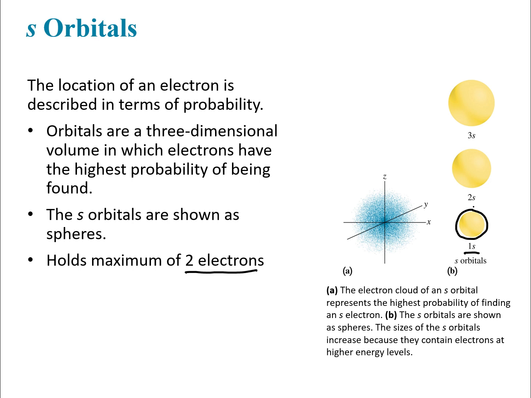This is our sphere. For the 3s, notice that it is bigger. We have low energy, high energy. And this is relative, of course. So the higher the energy level, the larger the space that an electron can occupy.